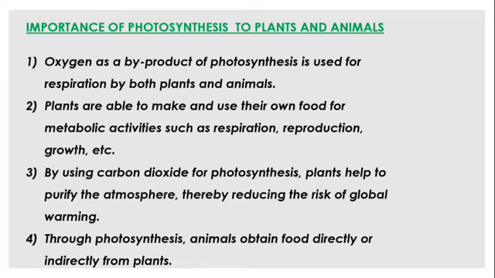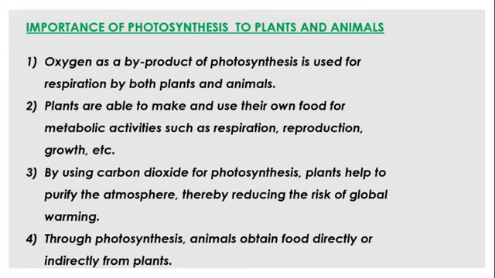So in effect, the lion eats the plant indirectly. I hope the point is clear. So these are the four major importance of photosynthesis to plants and animals. And you're expected to fully grasp this importance for any future questions or examination.